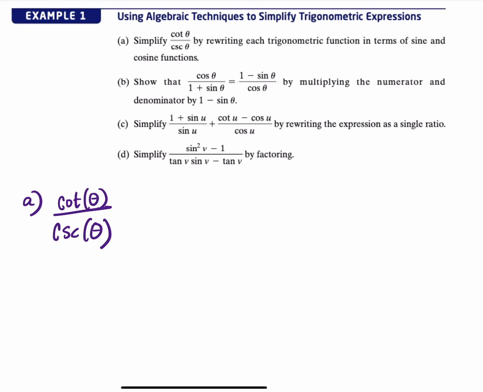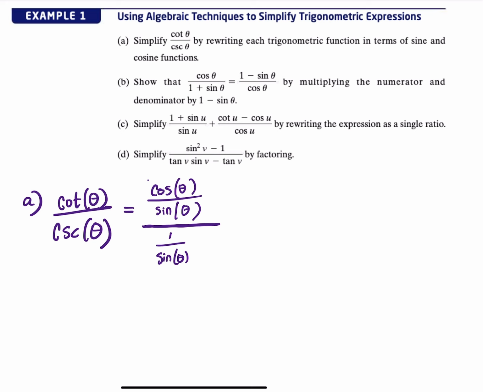Let's turn the cotangent into something with the sine and cosine, and the cosecant into something with the sine or cosine. So cotangent, we said earlier, was defined as the cosine over the sine. So let's just replace that. And cosecant is 1 over the sine.